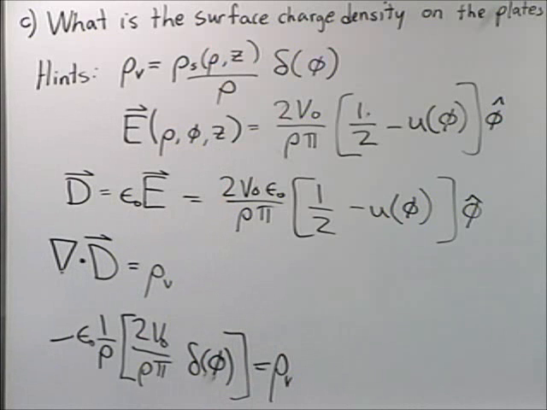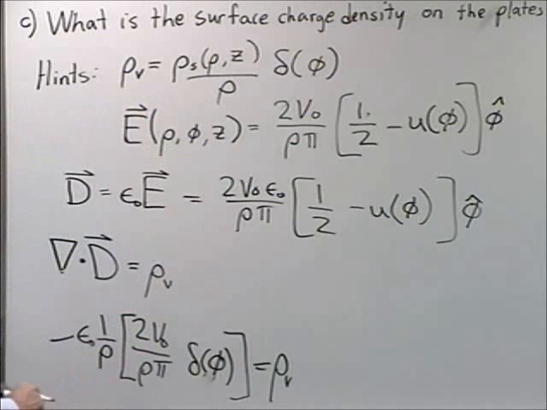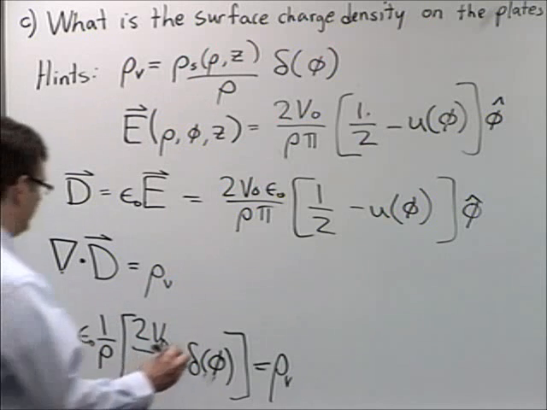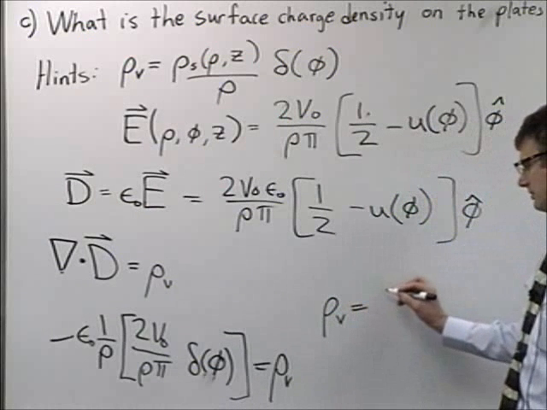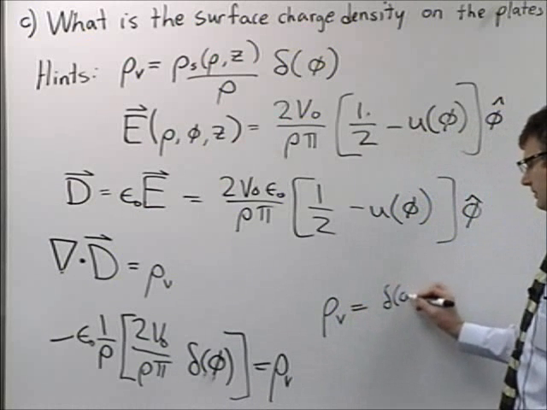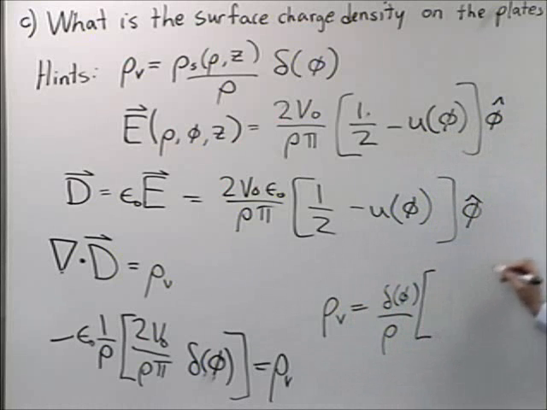Oh, but wait. I had a helpful hint. I can convert a volume charge density to a surface charge density using that convenient formula. So really, grouping my terms, delta phi, I got a rho, everything else is surface charge density in that expression.